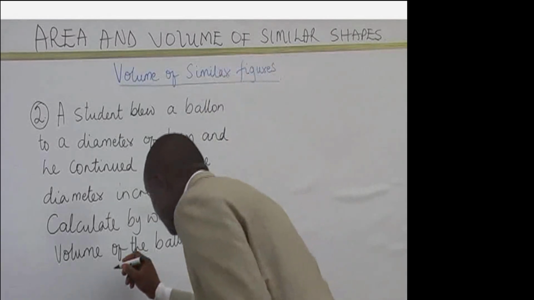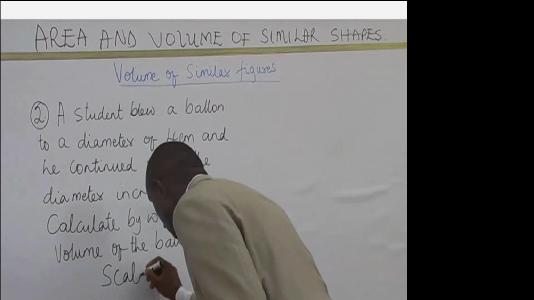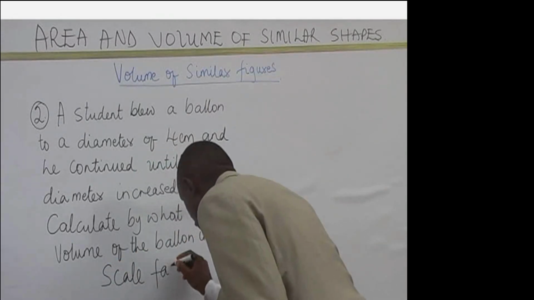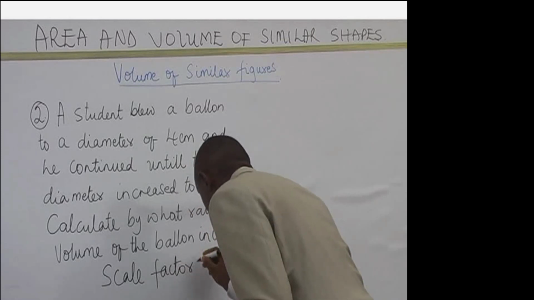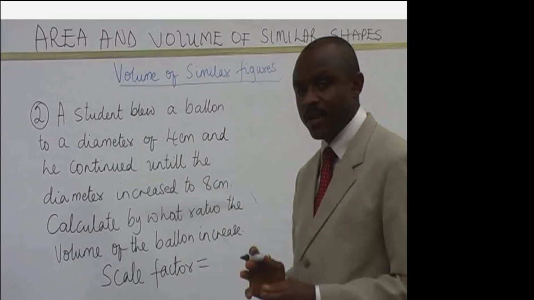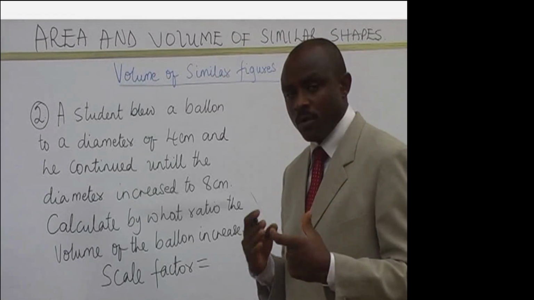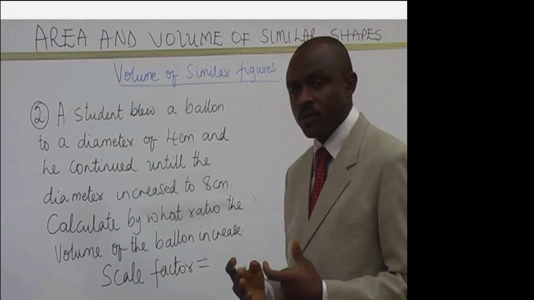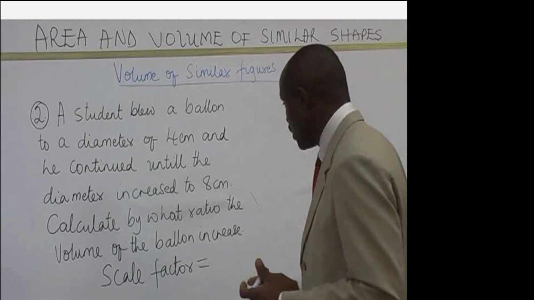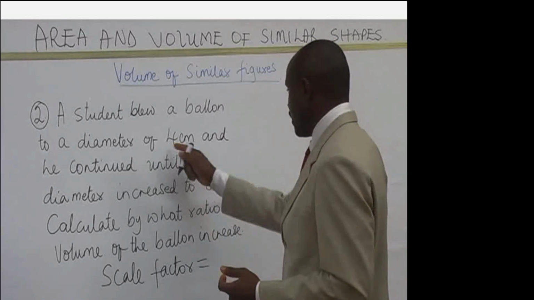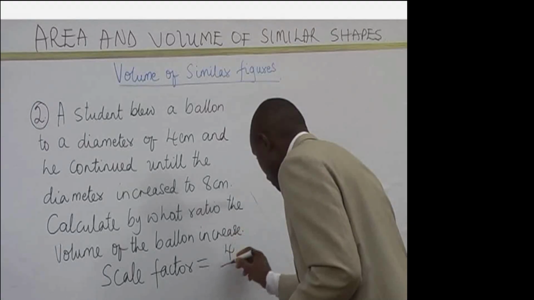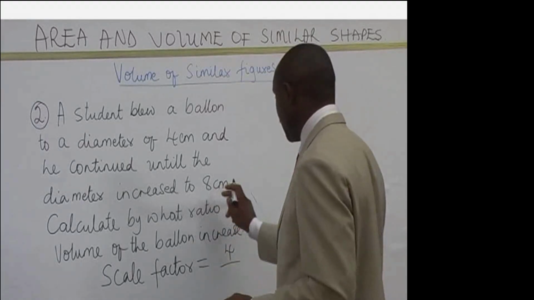Now the scale factor here is going to be the fraction of the first diameter, which is the same thing as 4 all over 8.